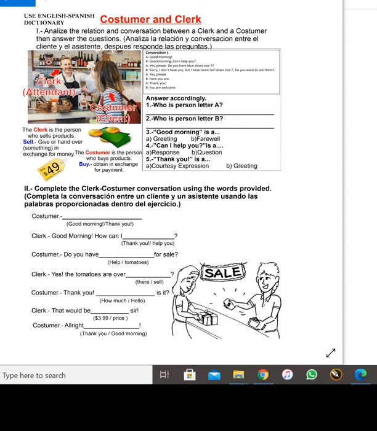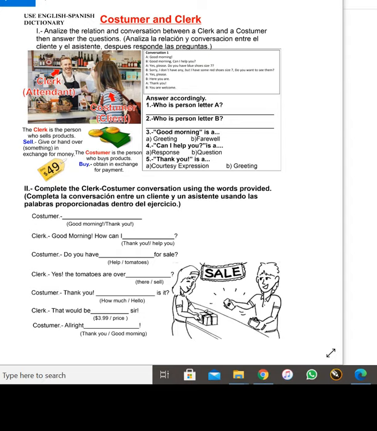So in this case, do you have tomatoes for sale? That would be the right answer. Clerk: yes, the tomatoes are over either there or sell. Remember, sell is an action. It is the action of give or hand over something in exchange for money. So going back to the question, it says yes, the tomatoes are over there.